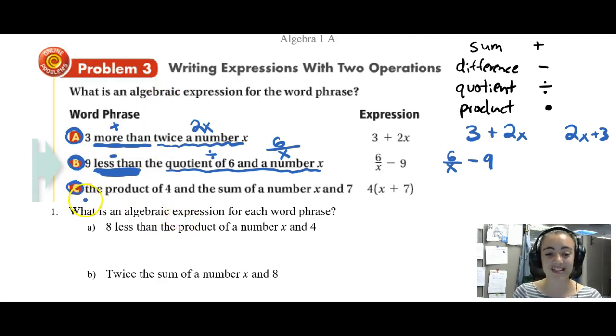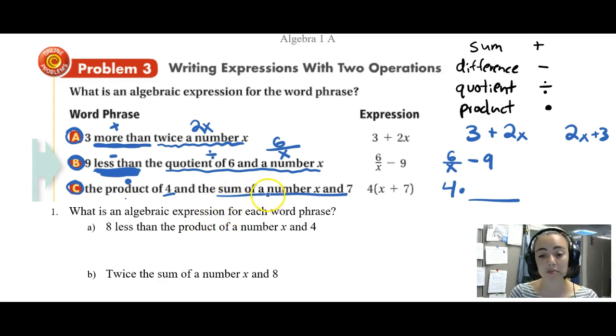So our next part is the product of 4 and the sum of a number x and 7. So the product of 4 and something else. Product is talking about multiplication. So we have two things that we're taking the product of: 4 times something else. What's that something?